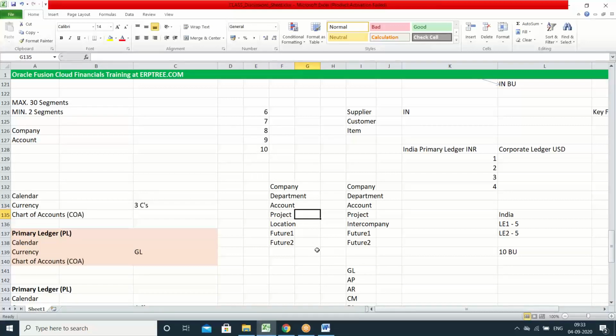If it does not belong to any project, ideally we use a dummy value. This is how we use the default values in the system. That means the transaction will not belong to any project. That is how you can manage. You can put some default values wherever the transaction is not related to the segment information. Or else you can make it optional also, as we'll see in our classes. That is possible.